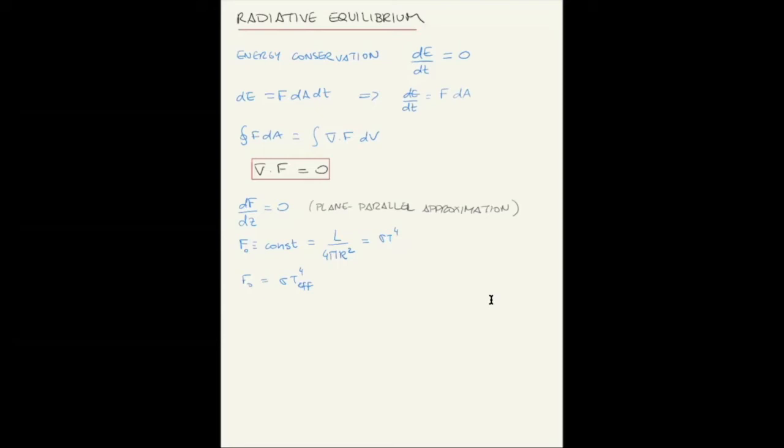Now, having found the solution for the flux, we can go back to the equation of radiative transfer to further constrain the problem. So that's the equation of radiative transfer. Let's integrate this in solid angle. This becomes... Now, since we are in radiative equilibrium, we can assume that the source function is isotropic and take the source function out of the integral.